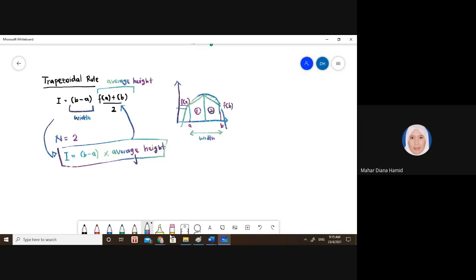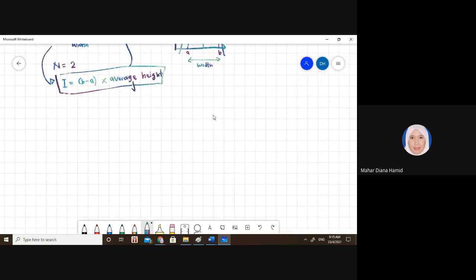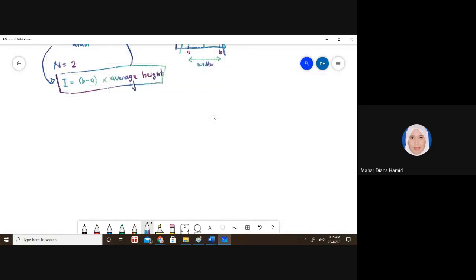Another method that we have learned previously in the slide is Simpson's one-third rule.